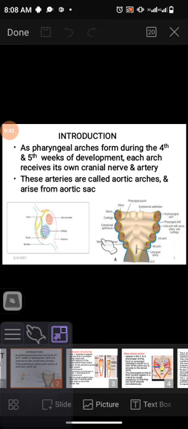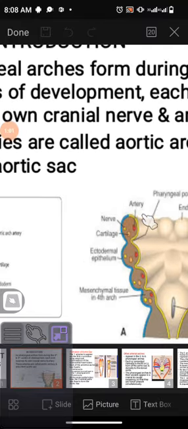So the pharyngeal arches form during the 4th and 5th week of development, and each arch receives its own cranial nerves, artery, and cartilage. As you can see, this is the artery, this is the nerve, and this is cartilage.